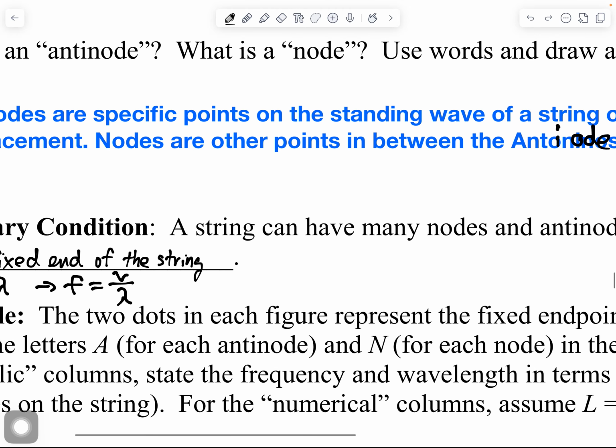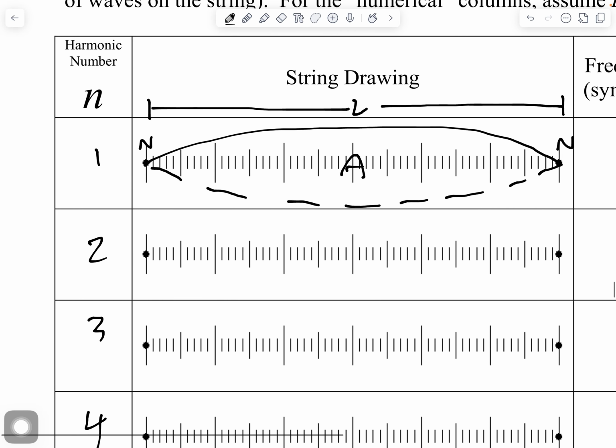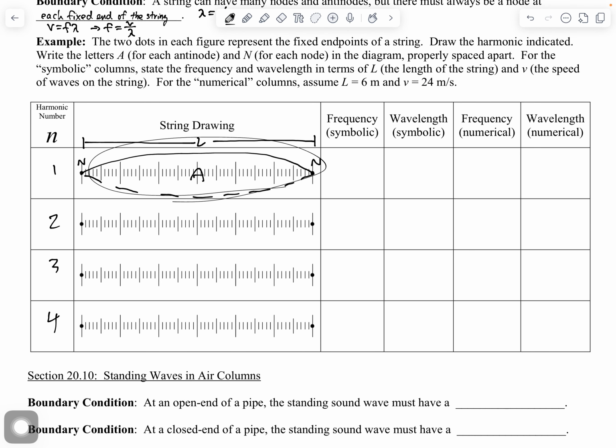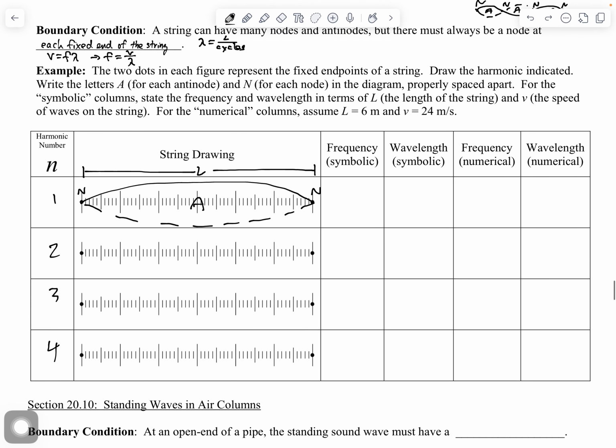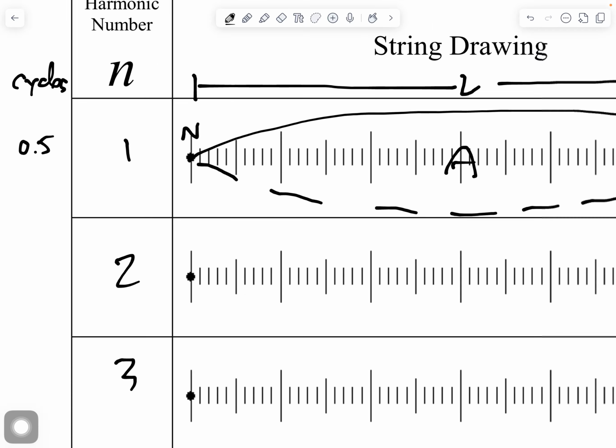We know that the wavelength is the length of your oscillator divided by the number of cycles. That's how you find it. Okay, so I'm not looking at a full cycle, I'm looking at half a cycle. So in terms of the number of cycles, this is half a cycle.